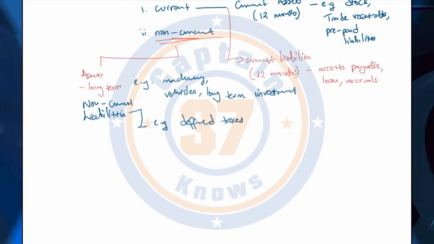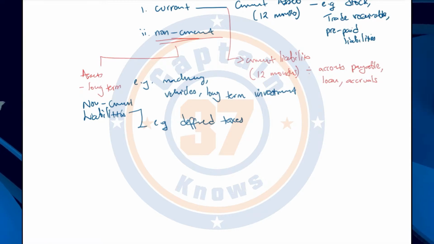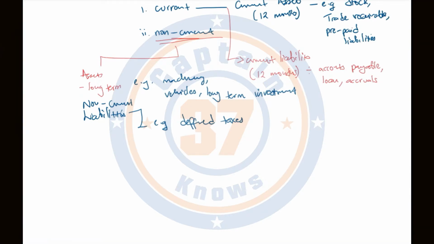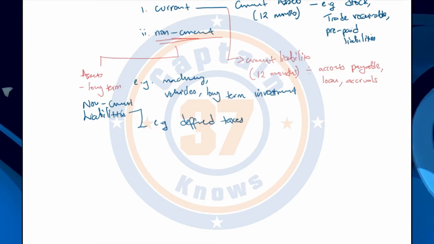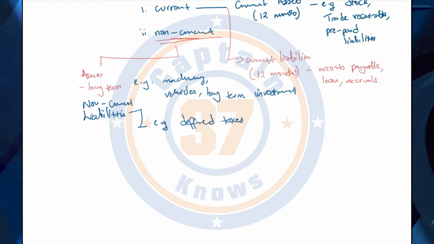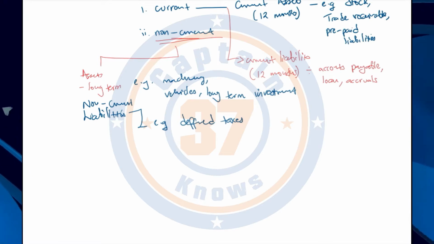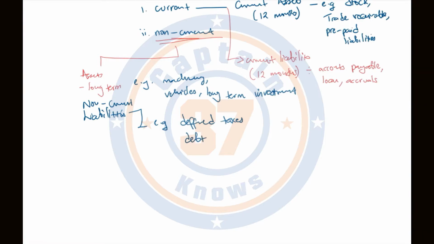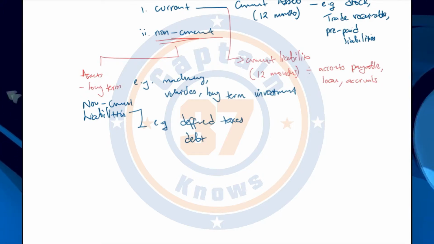So you and ZRA may come together and agree that you will pay your taxes over a spread period of 3 years. It's a deferred tax agreement, and since that's running for more than 12 months, it's an example of a non-current liability. Another example is debt, which you have to pay, say, after 5 years. It's a non-current liability.